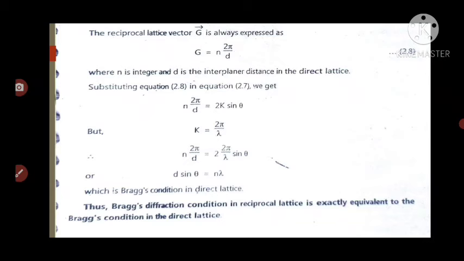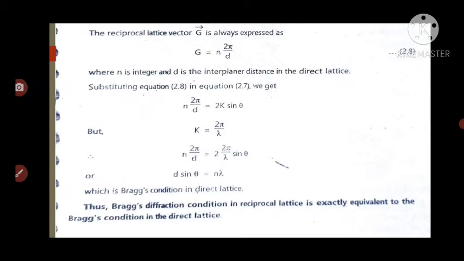This condition, n lambda is equal to d sin theta, is the Bragg diffraction condition in the reciprocal lattice, which is exactly equivalent to the Bragg condition in the direct lattice. So this is the idea about the Ewald construction of the reciprocal lattice vector.